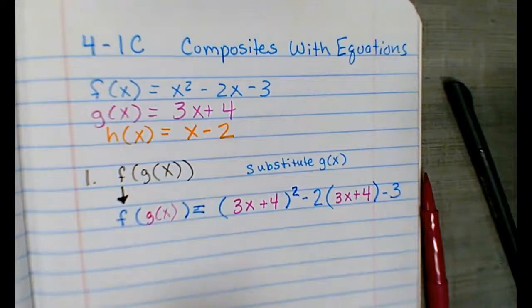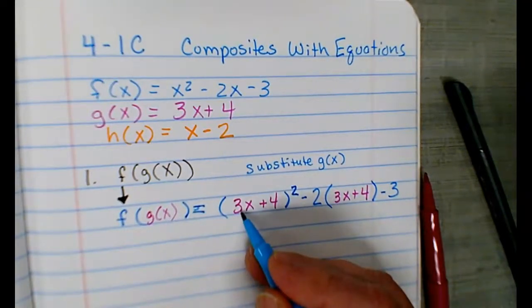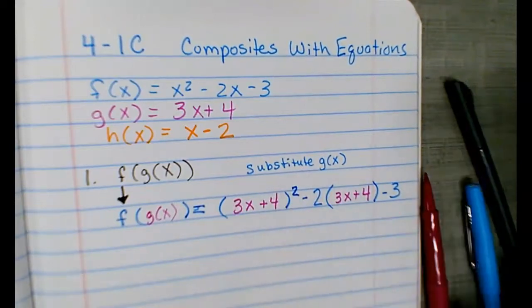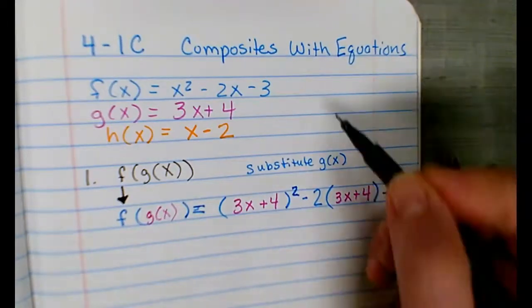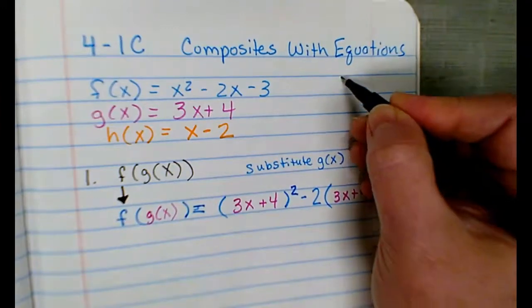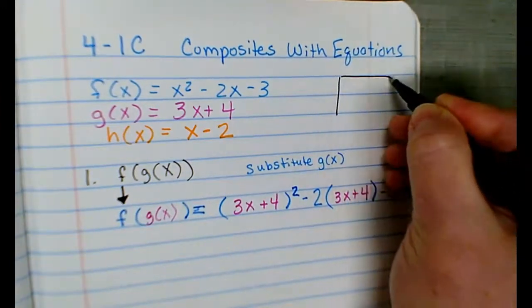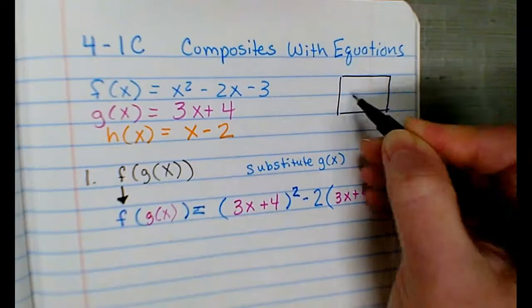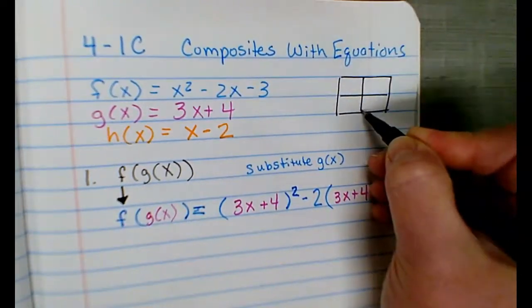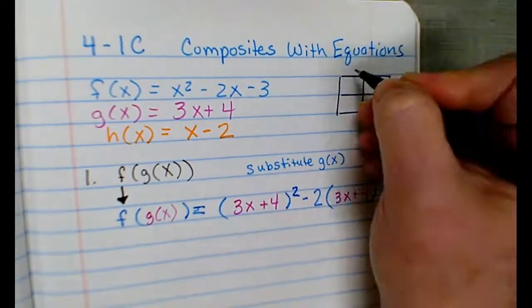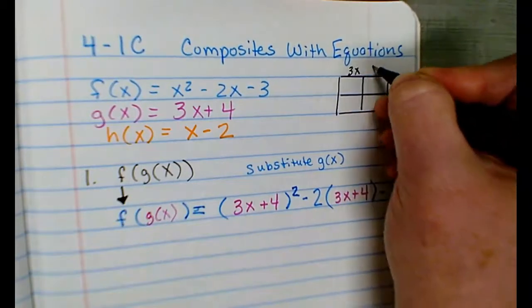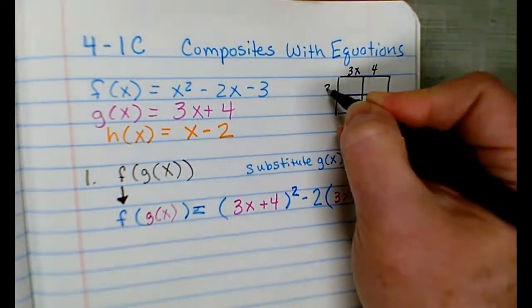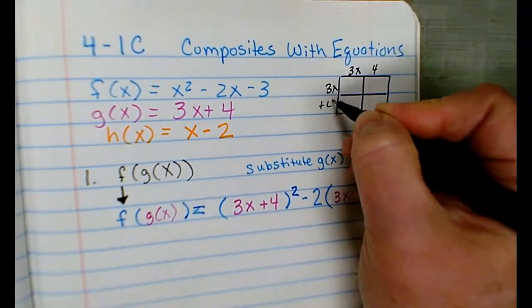And so that's not 3x squared or 9x squared plus 16. That's not how you square a binomial. So I'm going to go up here in this little corner where I have some space, and I am going to square this by multiplying 3x plus 4 times another 3x plus 4.